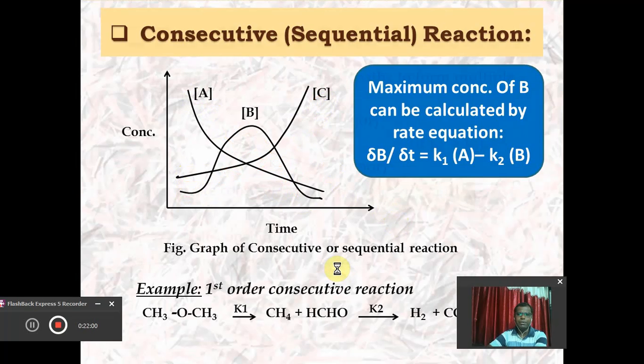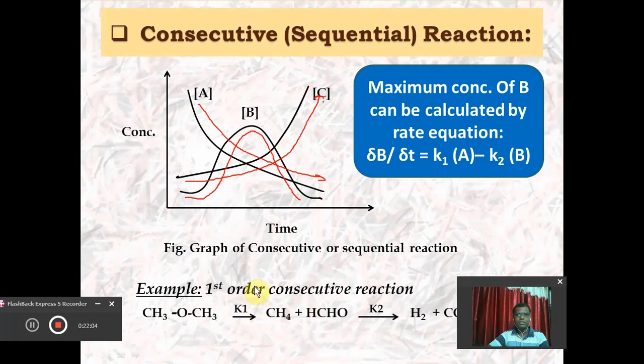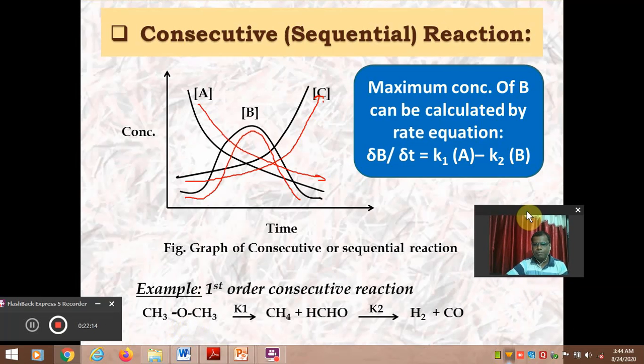One example of this consecutive or sequential reaction is the first order consecutive reaction, in which dimethyl ether gets converted into methane and formaldehyde with the rate constant K1. Here formaldehyde is the intermediate.